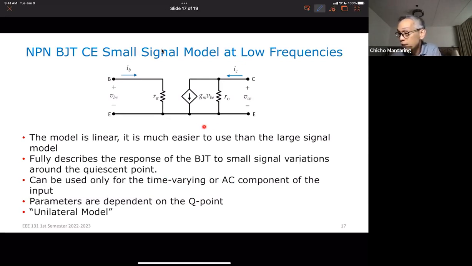This will change. As soon as you connect anything to the transistor, that will change. But at least you have a baseline. Ito yung baseline nyo. And in subsequent analysis of transistor amplifier circuits, this is what we're going to be using, this particular model. We call this the hybrid pi model.